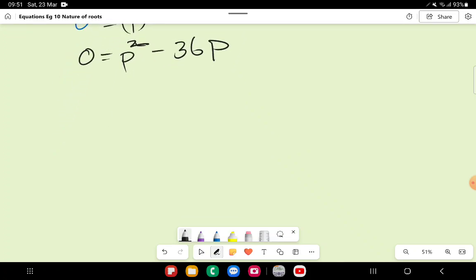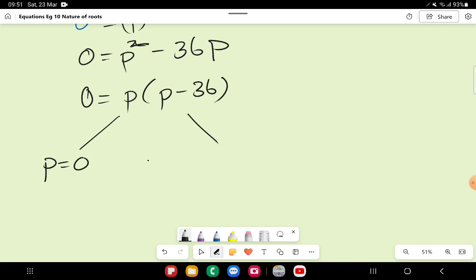I want to solve for p, so I'm going to factorize p out. So 0 is equal to p times p minus 36. And because it's equal to 0, I can have two branches. I can say p equals 0 or p minus 36 equals 0. So p equals 0 or p is equal to 36.